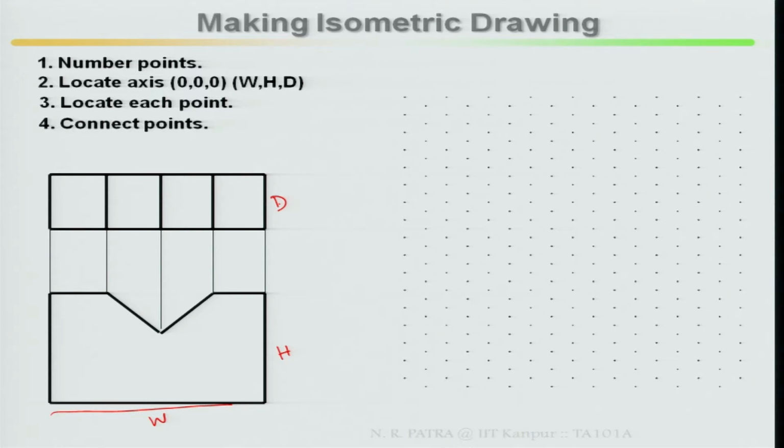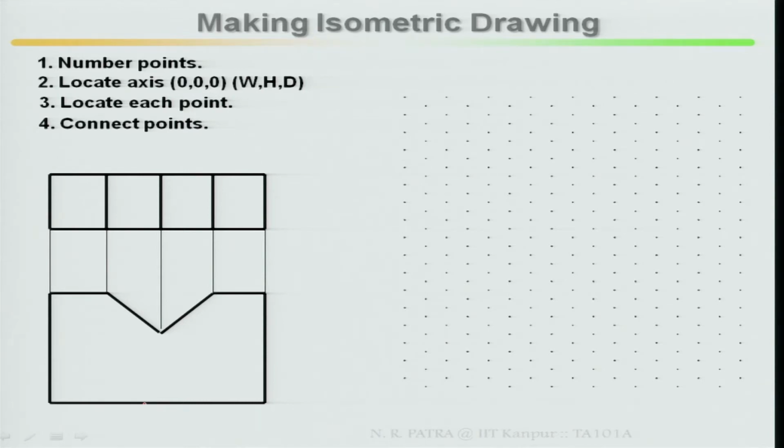and connect the points. Now if you visualize this example, the top view as well as the front view has been given, no other view, the side view is not given. So there is a notch here, and since the side view has not been given, it is throughout in the depth direction.